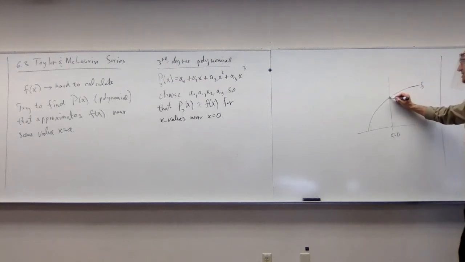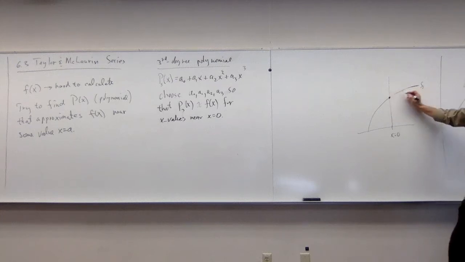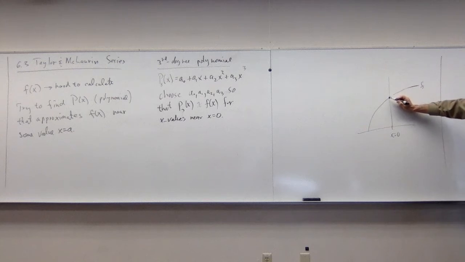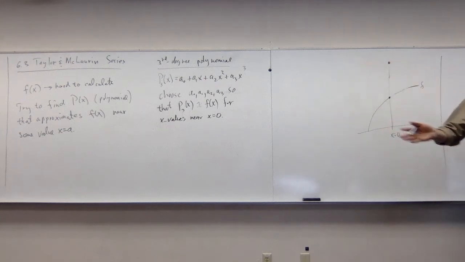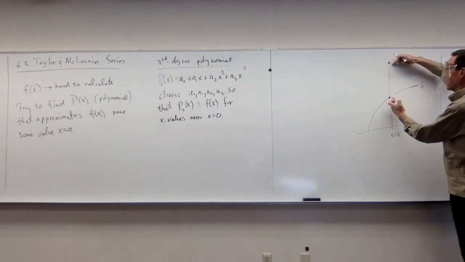At the very least, I'm going to need my polynomial and the function to have the same value where I'm attaching it, right? If I pick my polynomial to have a different value, now I can't do what I set out to do. I get a big gap between the values.